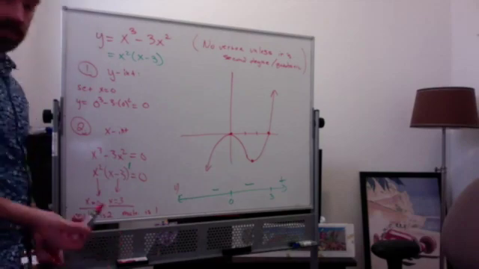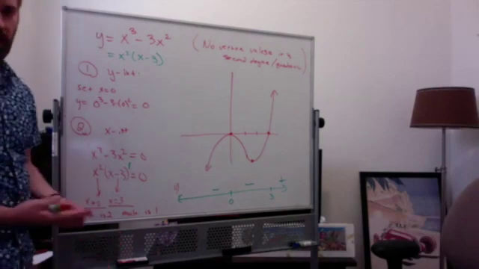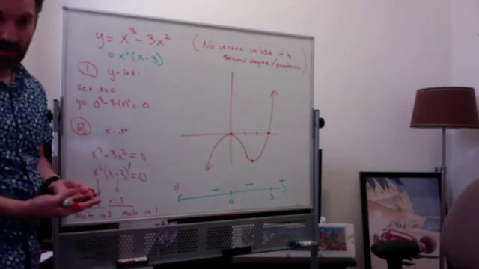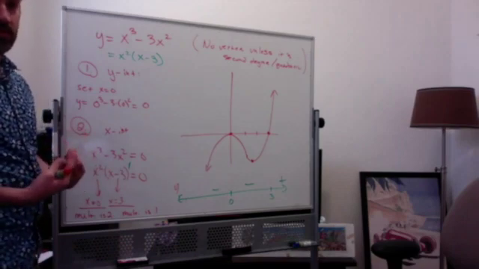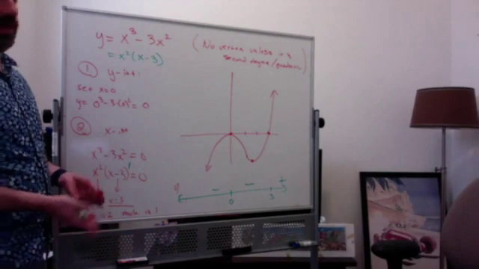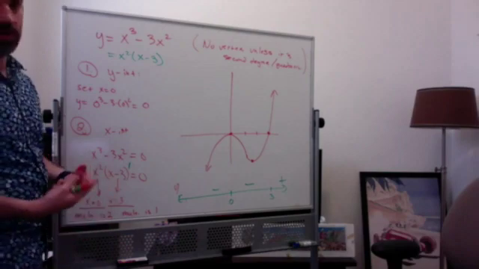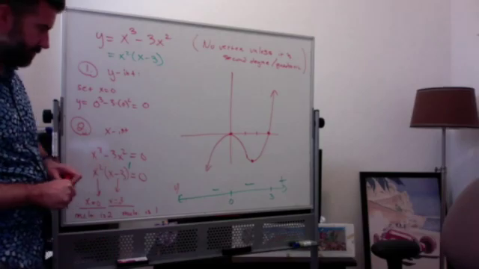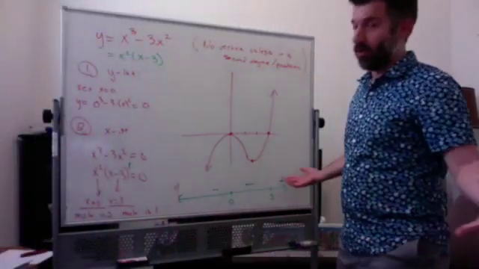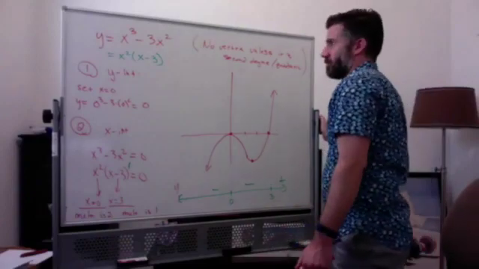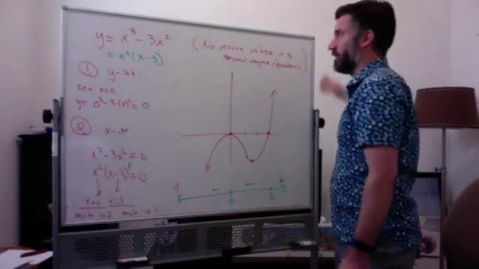So the multiplicity is just the power of the factor the intercept came from. And if the multiplicity is even, we know we're going to bounce. If the multiplicity is odd, we know we're going to cross. That's most of the whole story here. I might say something else, but really that's kind of it.